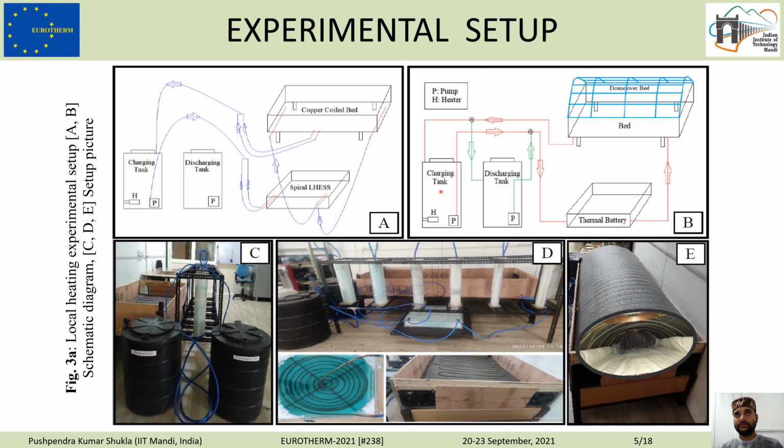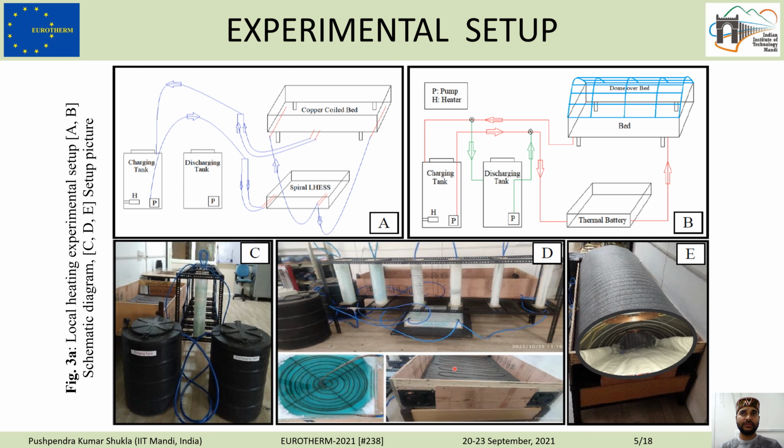During charging, hot water goes through this thermal battery, which is a spiral latent heat energy storage system, and after that it passes through the dome over the bed. We will see this in detail in the next slide.